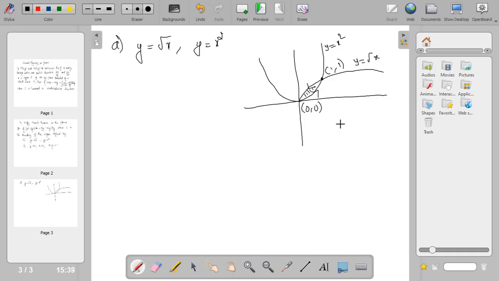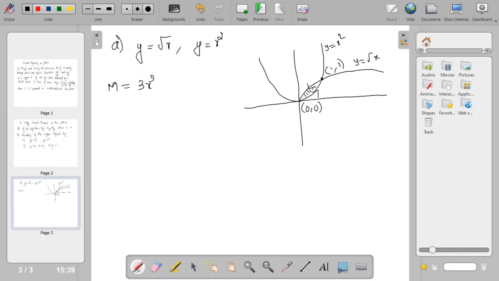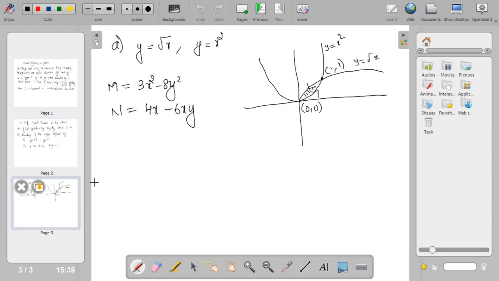Okay, so now first we will evaluate. Here M will be equal to 3x² minus 8y², and N is 4y minus 6xy.